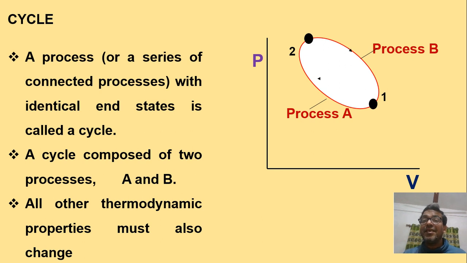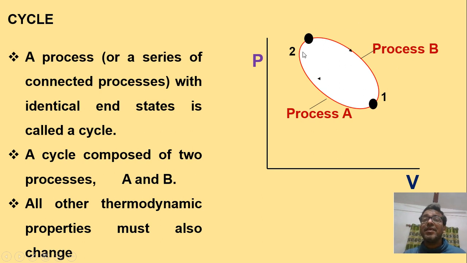When it goes from 2 to 1, we say it is process A, and when it goes from 1 to 2, we say it is process B.